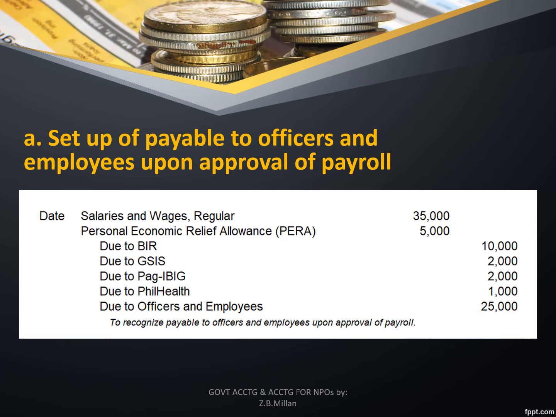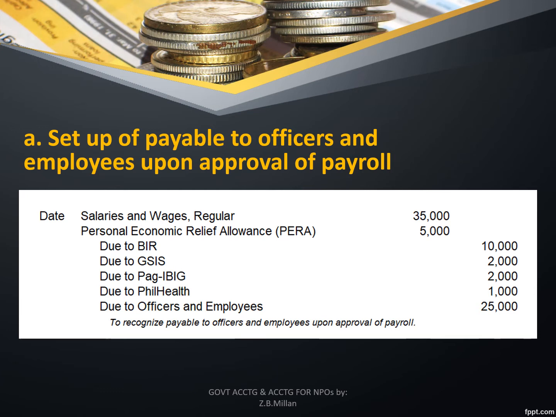So ang first na gagawin natin is to set up the payable to officers and employees after the approval ng payroll, para tayo ay makagawa ng cash advance doon sa ating disbursing officer in payment of this payable corresponding doon sa services ng ating employees.